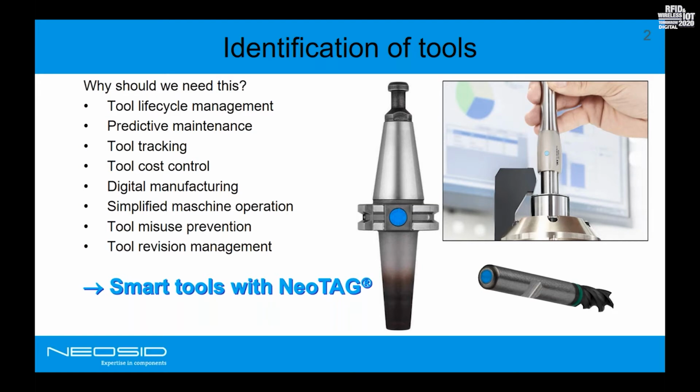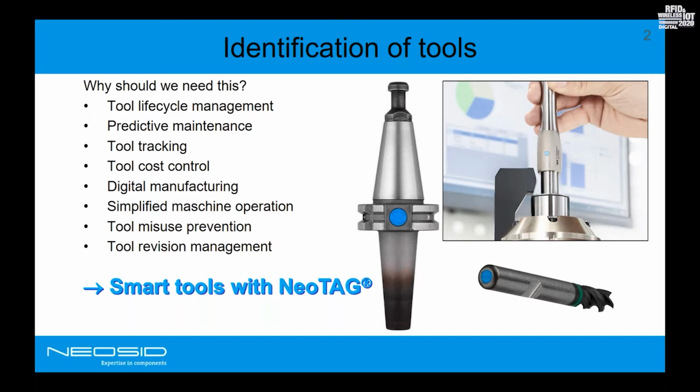You can do digital manufacturing, so tool identification, full data link between tools and machines to work different orders from customers. You can simplify machine operation by automatic identification.